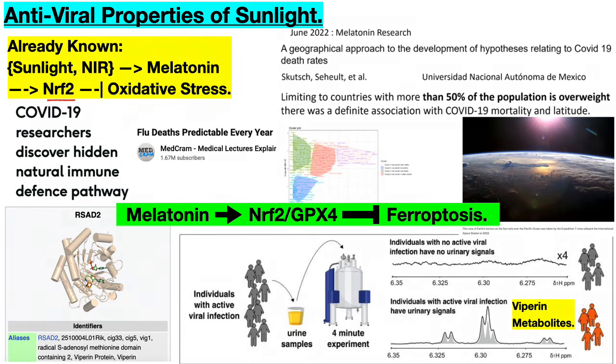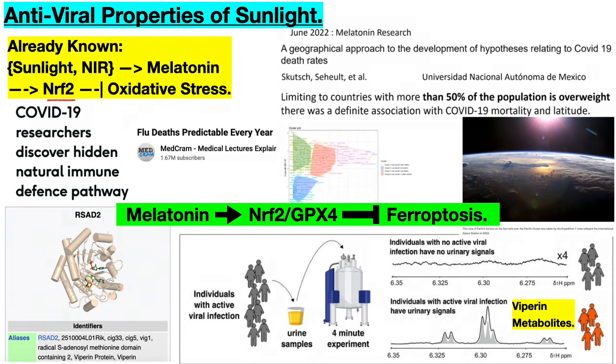Lack of sunlight, particularly near-infrared wavelengths, will depress melatonin biosynthesis. A lack of melatonin will lead to a drop in NRF2 and likely a drop in GPX4 levels. And with that, the susceptibility of tissues to ferroptosis increases.